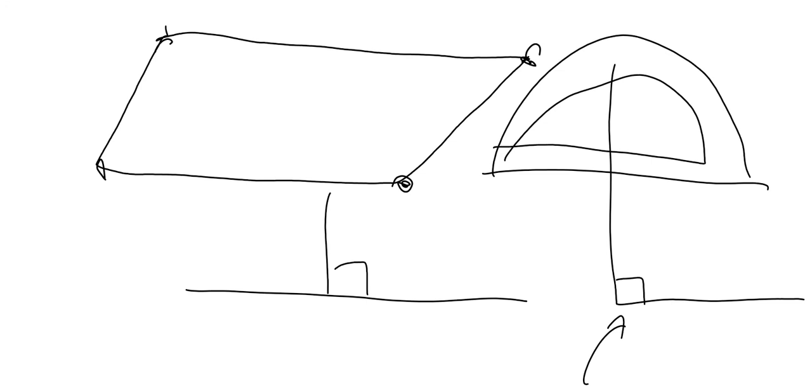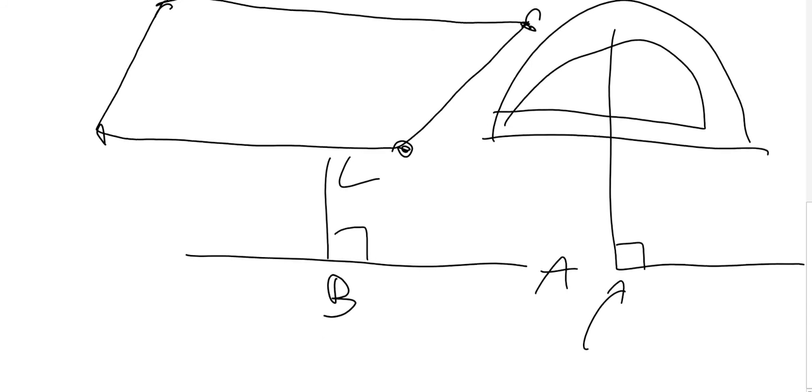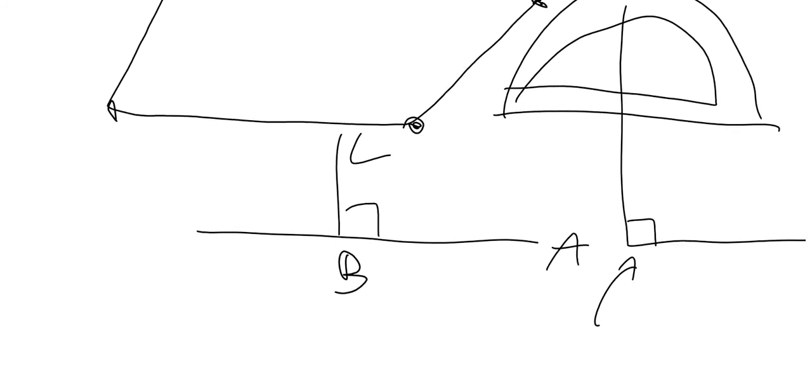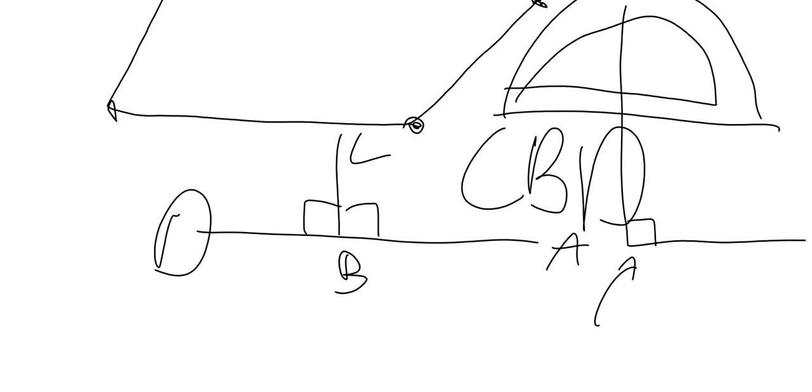To refer to angles, let's call this A, B, and C. To refer to this angle here, and let's give this a line, let's say that's a D. This here would be called CBD. Not exactly, because you're going to have to put the angle symbol on top.